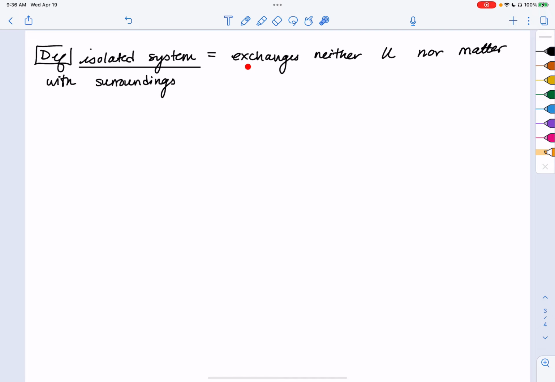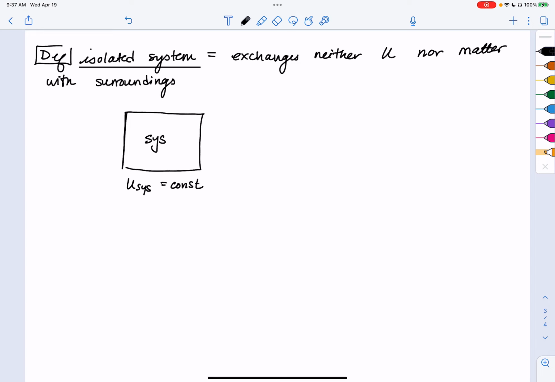So if our isolated system exchanges neither matter nor energy with its surroundings, then that means that the total amount of energy inside this system is constant. Meaning if I were to look at the change in total internal energy of the system, this would be equal to 0.